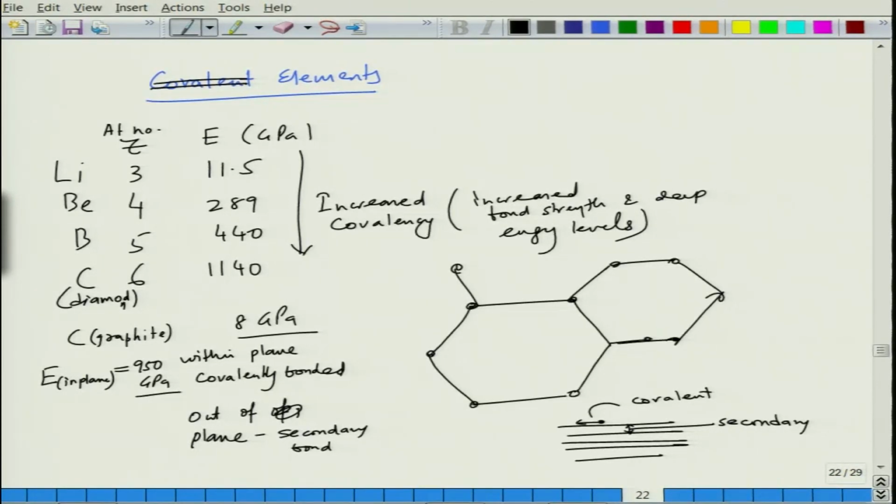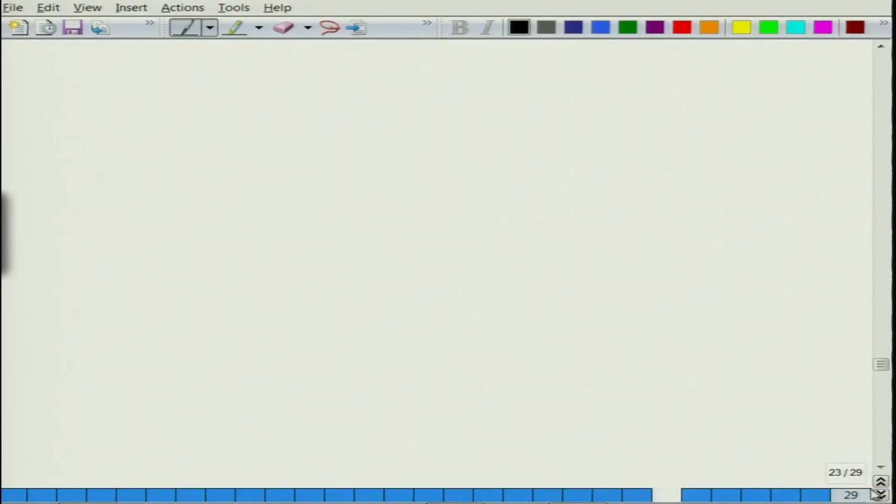Within the plane it is very strong, but if you look at the average value considering all directions, the powder or polycrystalline form of graphite, it falls to 8 GPa. This comes from the out-of-plane secondary bonds, which are very weak. Most metals have modulus between 100 and 600 GPa.